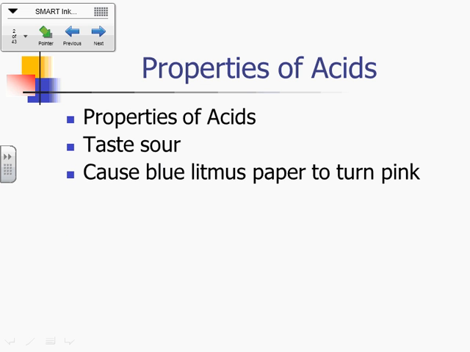Okay? They will cause blue litmus paper to turn pink. That probably doesn't seem all that important to you. We'll do a little work with indicators probably at the end of next week so that you can see how different indicators work. There are several different things called indicators that will basically turn different colors based on whether they're in an acid solution or in a base solution.